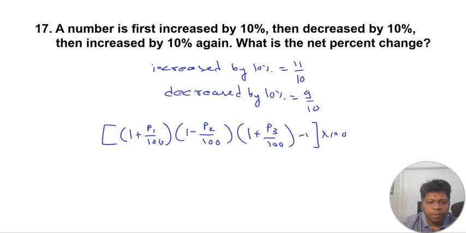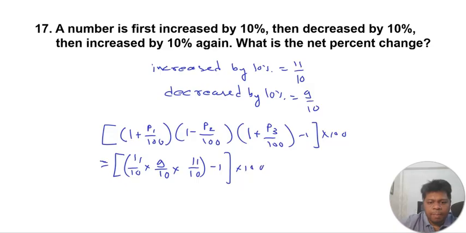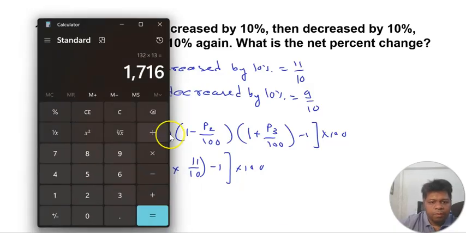So this will become 11 by 10 into 9 by 10 into 11 by 10. Okay, so these 3 together, minus 1 into 100. So let's calculate. 11 into 11, 121 into 9, the value is 1089.